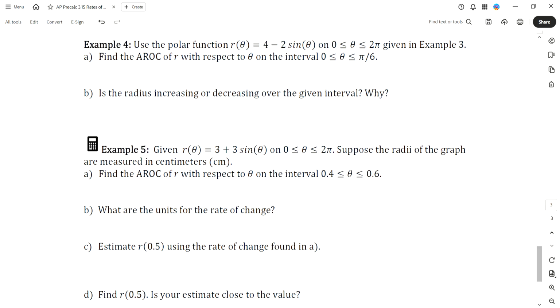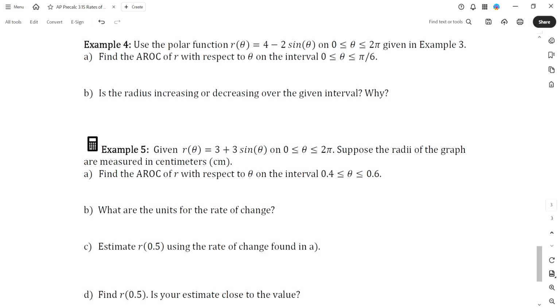All right, so example 4. We're going to use the polar function r equals 4 minus 2 sine of theta from 0 to 2 pi, given in that third example. We're going to find the average rate of change of r with respect to the angle from 0 to pi over 6.